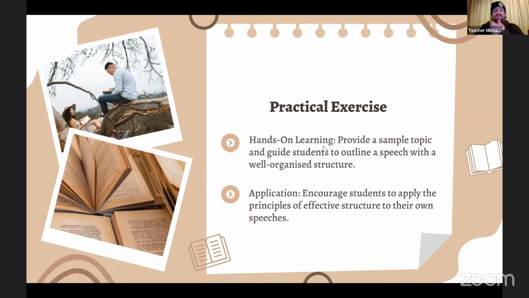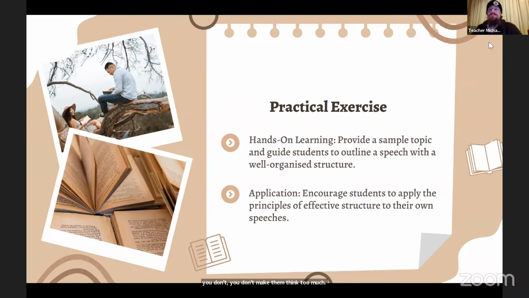Okay, so the topic for this exercise, does pineapple belong on pizza? So we've already discussed the importance of a well-structured speech. Remember that it helps the audience to understand your speech better, so that you don't make them think too much.